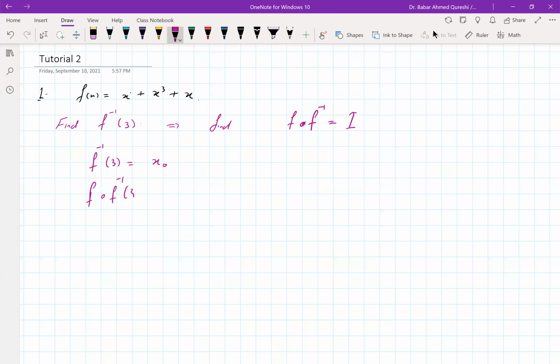So I do this, and this gives me 3. So this is saying when you have to find the value of f inverse at 3, in fact, you are looking for the number x naught which gave you 3.